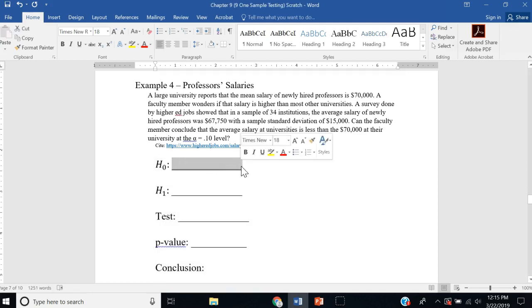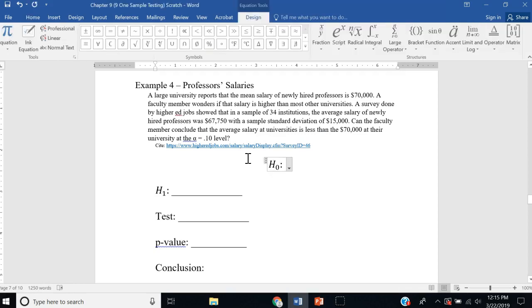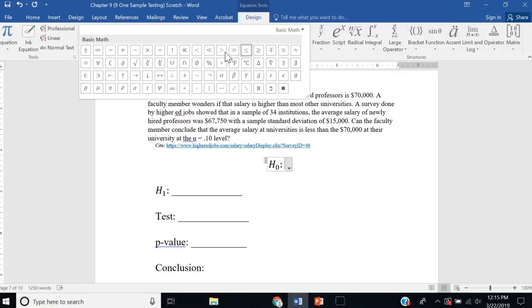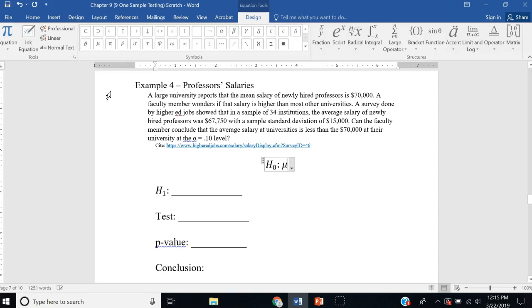So null and alternative hypothesis. You should have had that the null hypothesis is that the average salary is equal to 70,000.